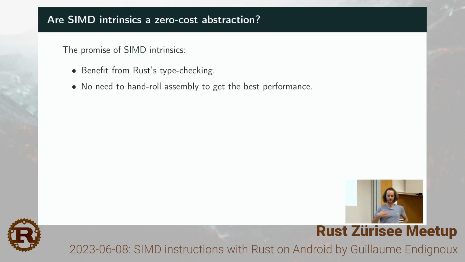On top of that, the promise that Rust intrinsics for SIMD give you is that on the one hand, you will benefit from Rust type checking. You don't have to do all the checks yourself for the assembly. And at the same time, you would get the best performance without needing to handle the assembly yourself.